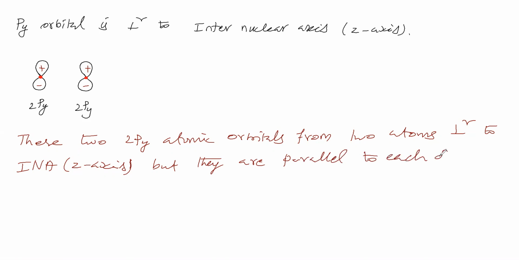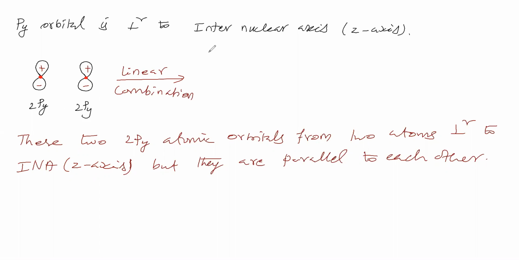You have got an idea how we have taken them. This 2py orbital is from one atom, and this 2py orbital is from another atom. They are perpendicular to the z axis, the internuclear axis, but parallel to each other, like this. Now they are going for linear combination.